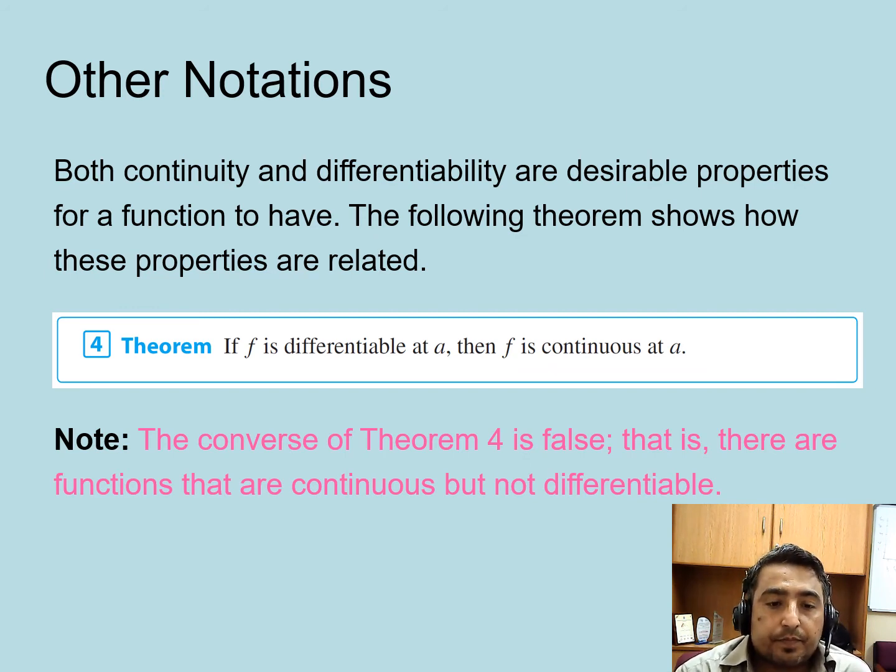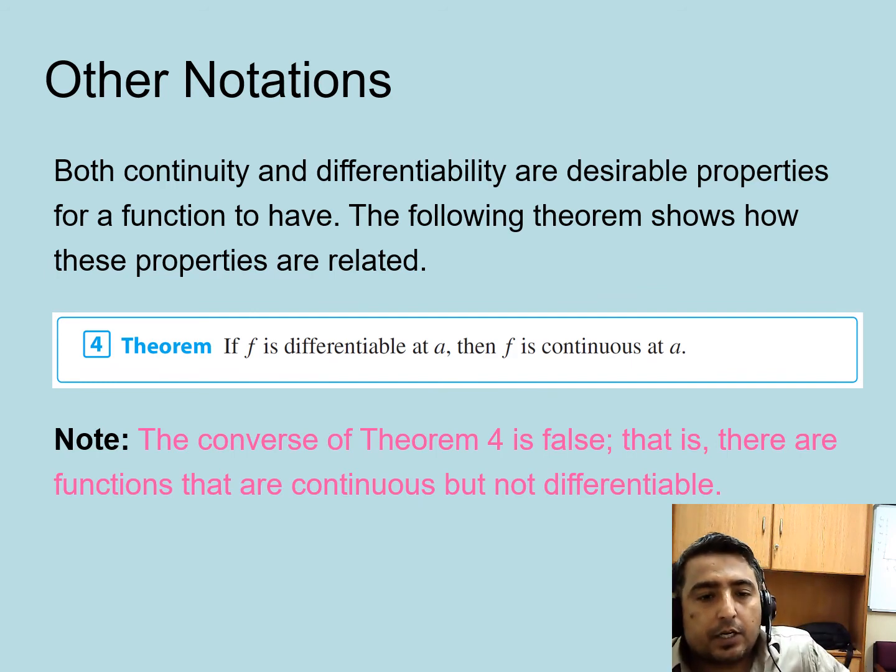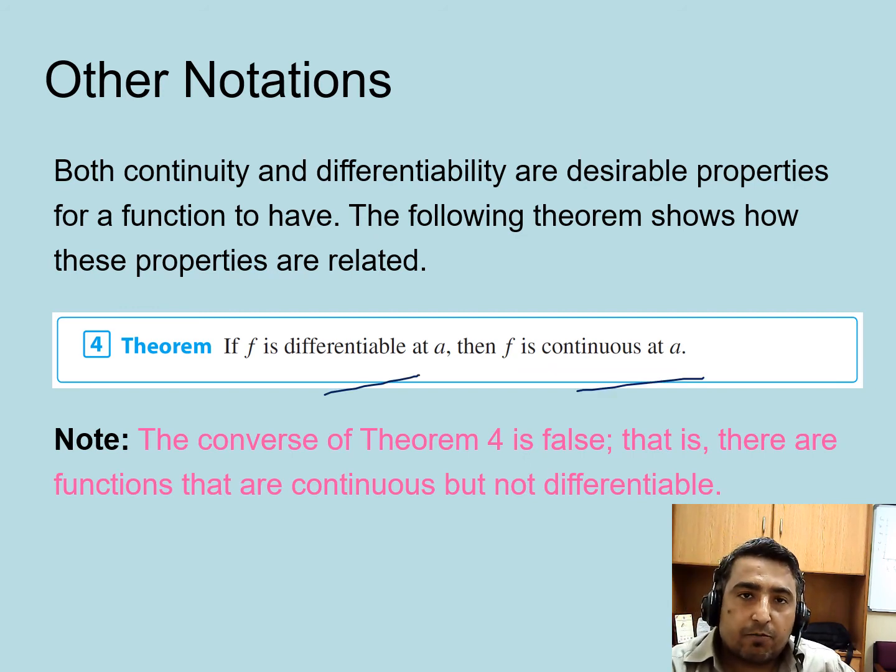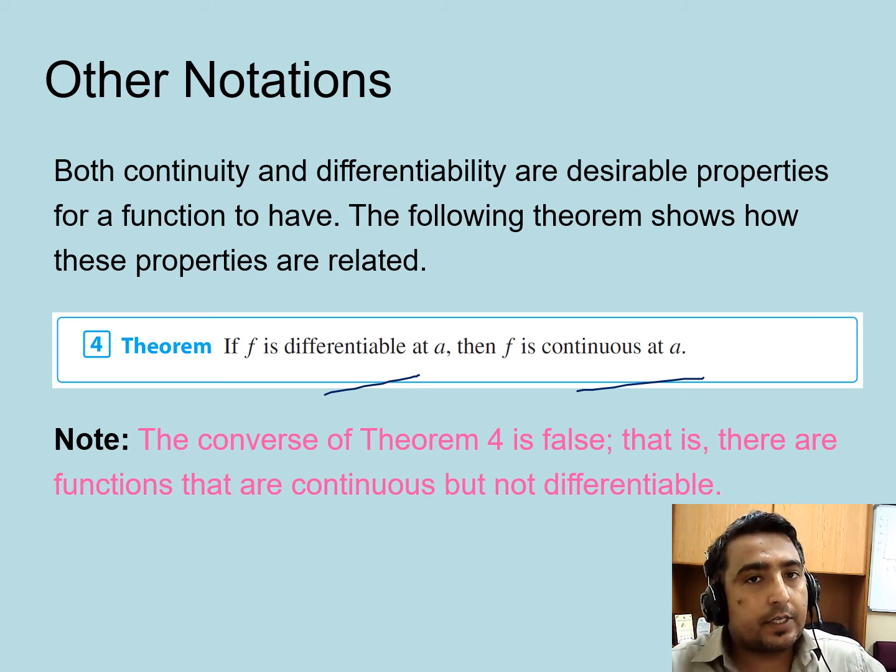Now from this example of modulus, we could conclude that if a function is differentiable, then it is also continuous. The function was not differentiable because the limit did not exist at x equal to 0, and when the limit does not exist at x equal to 0, then it is not continuous. So when a function is differentiable, it is continuous.